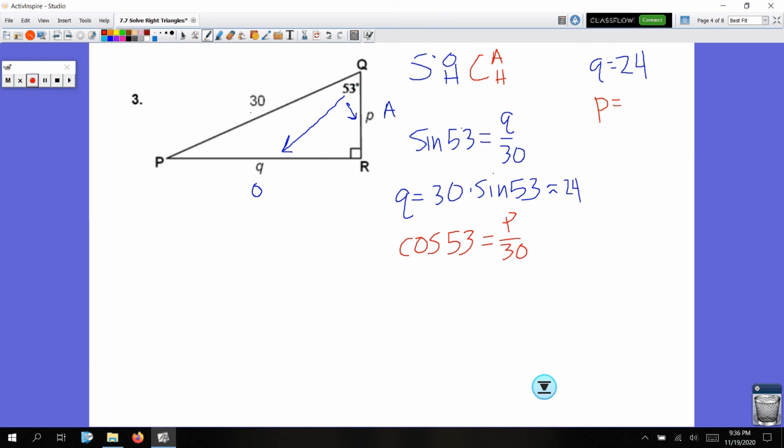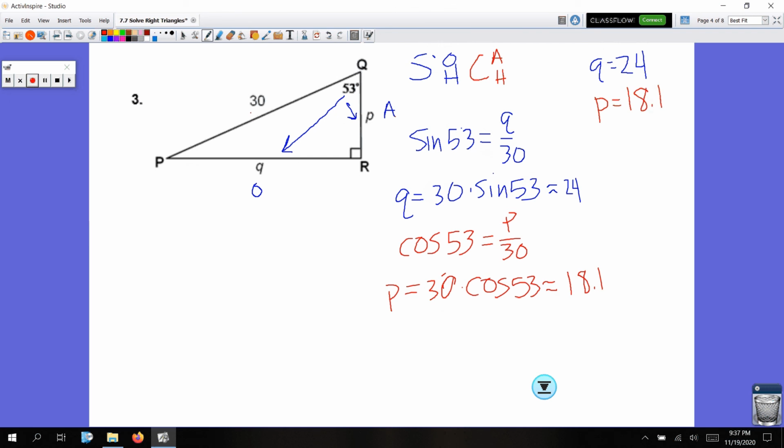Multiply both sides by 30 and get P is equal to 30 times cosine of 53. All right, let's check it out. 30 times cosine of 53, and I get 18.1. And I round to the nearest tenth. So P is 18.1.